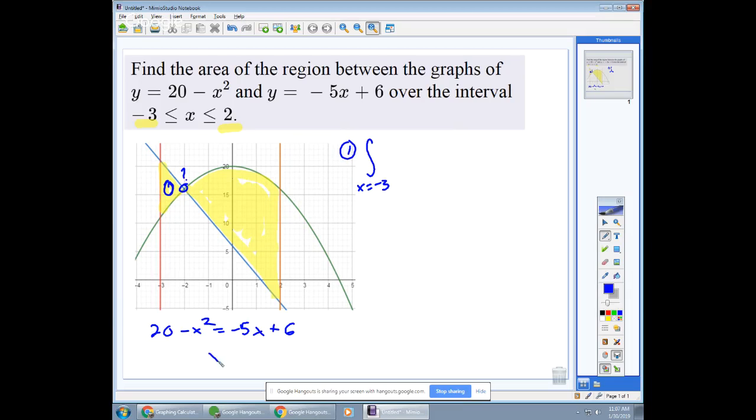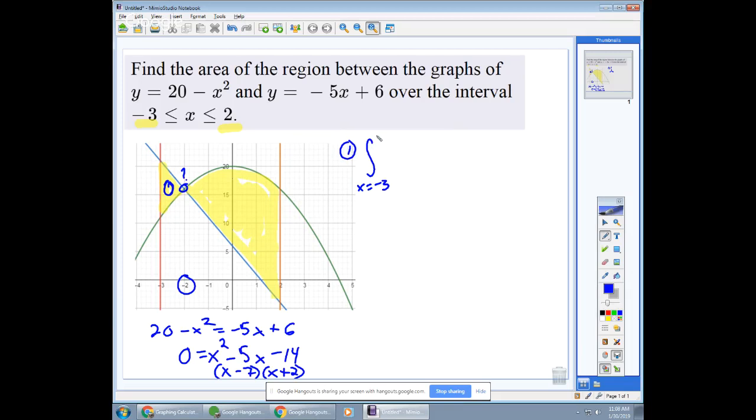I'll add the x squared over, and then subtract the 20, which gives me x squared minus 5x minus 14 equals 0. That factors as x minus 7 times x plus 2, which means x equals negative 2 is definitely that intersection point.